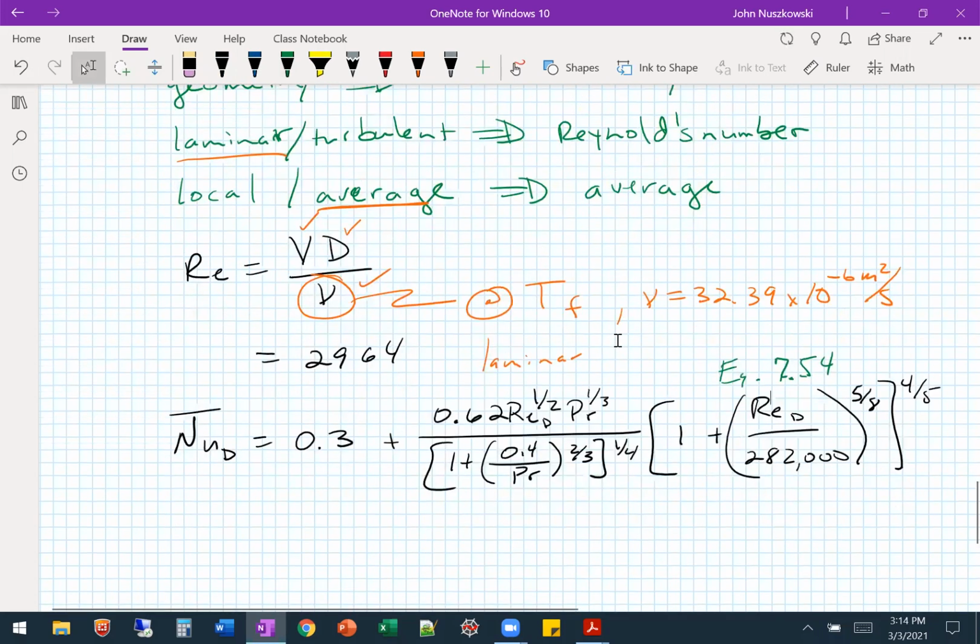As we said in chapter 6, the Nusselt number is a function of Reynolds number and Prandtl number, and that's what we see here, right? We have our Reynolds number calculated. We just need to get our Prandtl number. We go and get it, and we get 0.686.